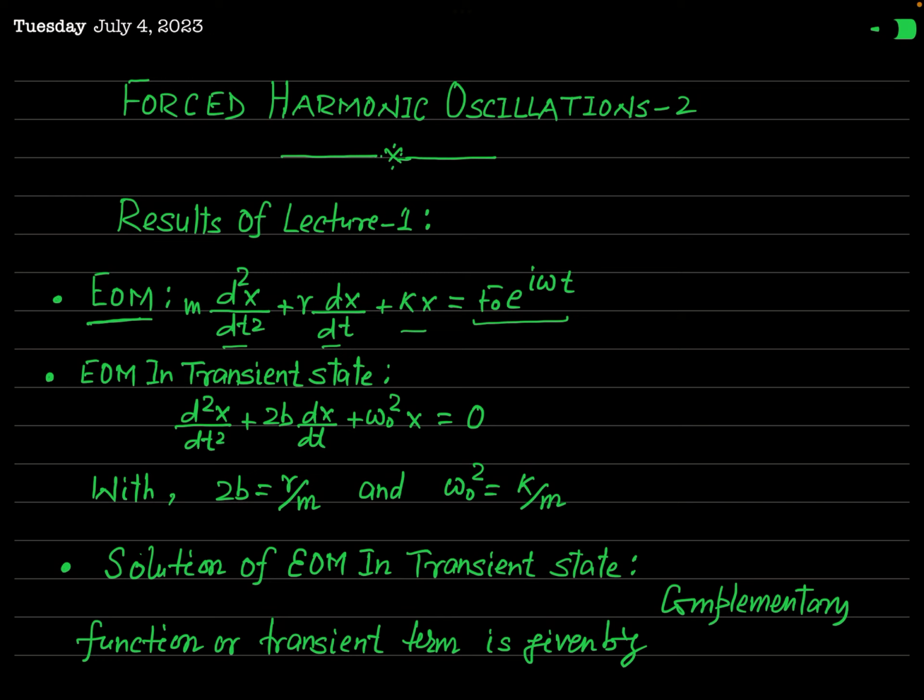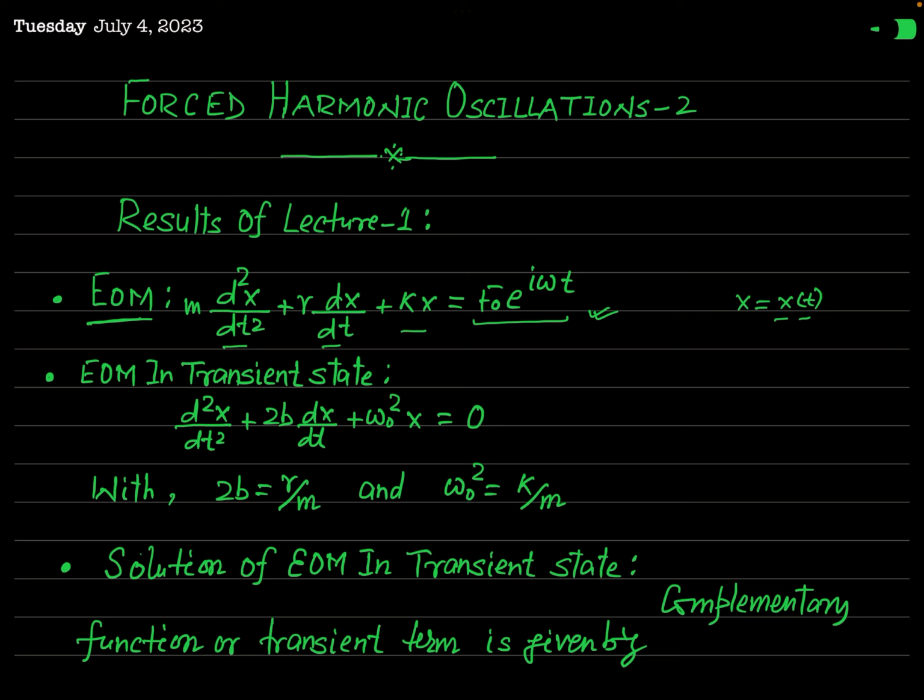Here x is equal to x of t. So this is also a problem of 1 degree of freedom, because this dependent variable x is a function of only one independent variable, time t. So this is also a problem of forced harmonic oscillation with 1 degree of freedom. So this was the original equation of motion in this case.